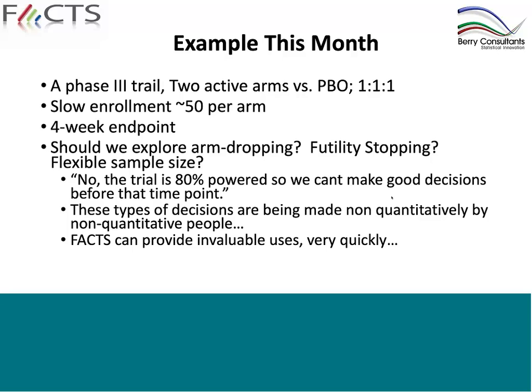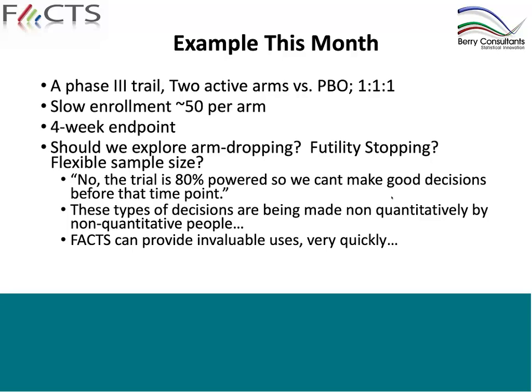Essentially, we were told, "No, the trial is 80% powered at 150 patients. You're not going to know the answer before that. You can't make good decisions on dropping arms because 80% powered is 150. You don't know the answer till 150."